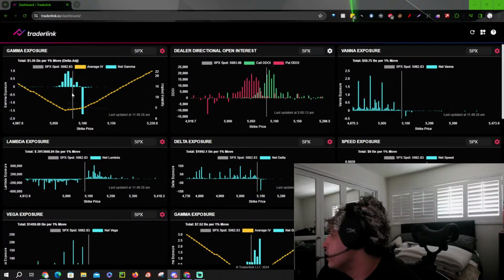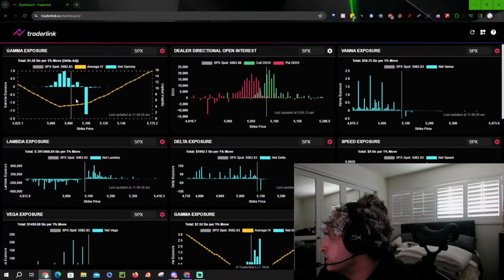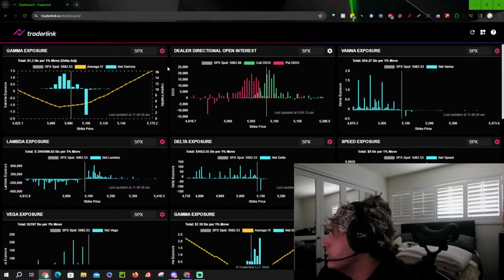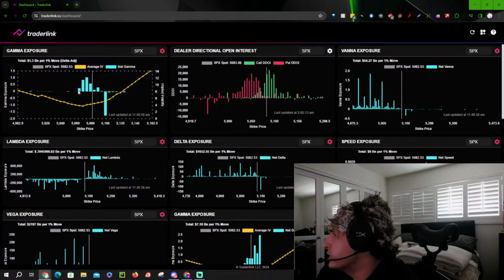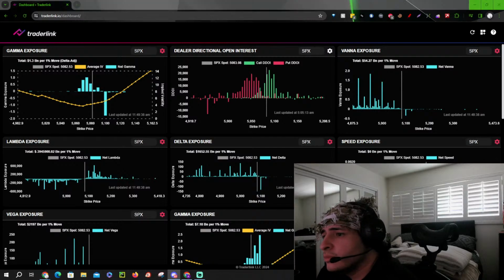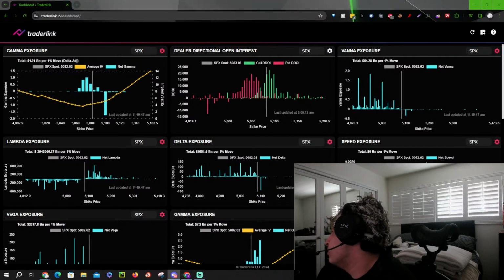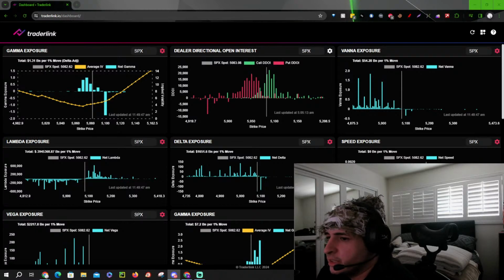Right now, aside from this big fat bar here that is going to be here regardless of what happens, I'm trying to get to like the 50-75 level, I think. Charm is greatly positive, but again, like I said, it doesn't really matter up until the close of the day.